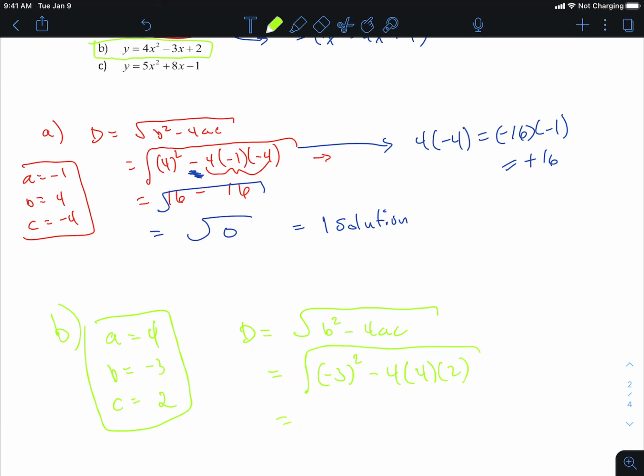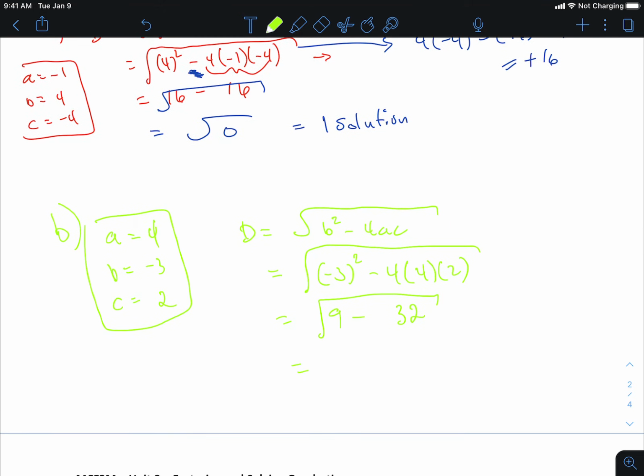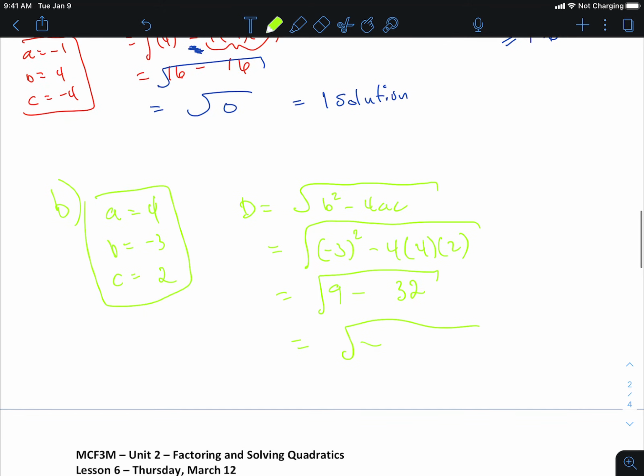So you're going to get 9 minus 16 times 2, which would be 32. Equals some negative number. I don't care what it is. I'm square rooting a negative. No solutions.